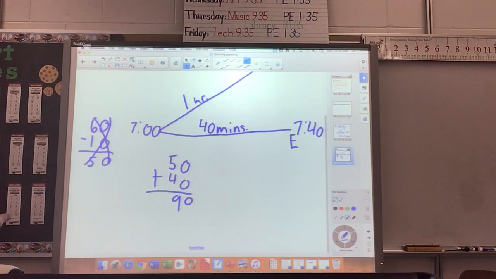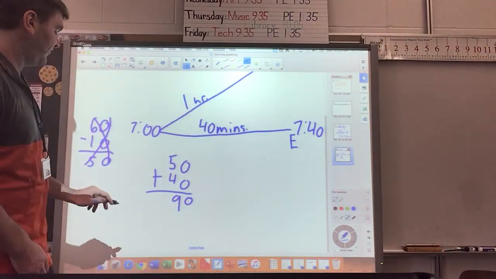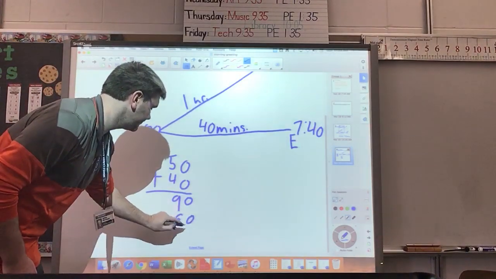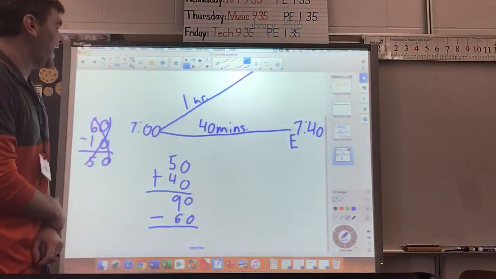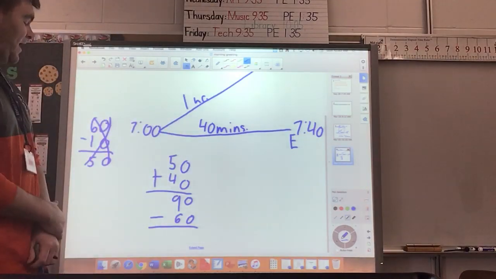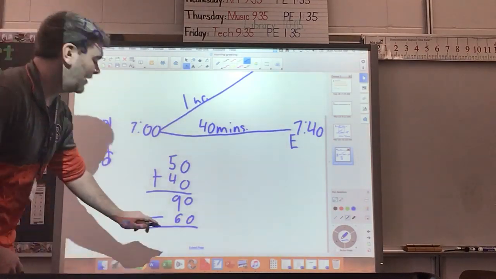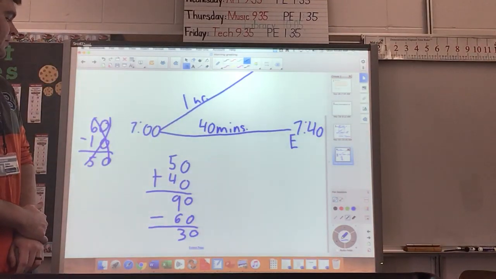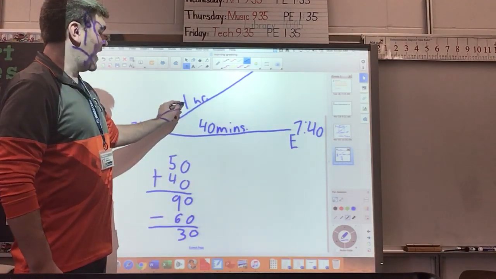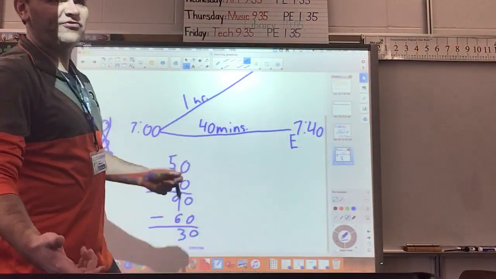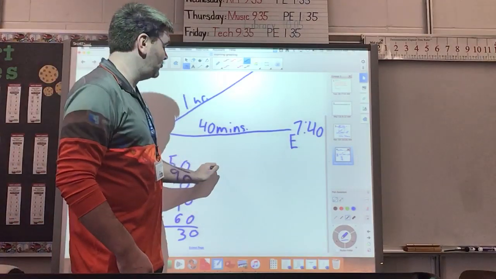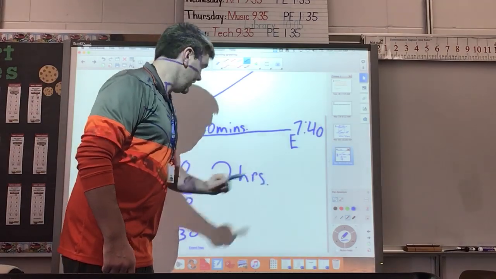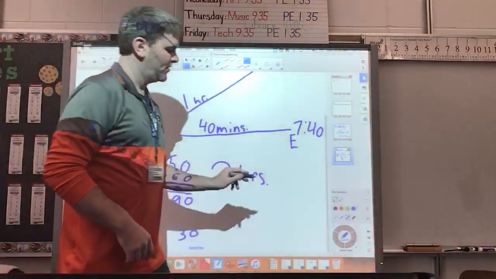So what I have to do is take my 90 and subtract 60, so that I can subtract an hour and add it to my hour at the very end. I'm going to get a 0. 9 minus 6 is 3 for 30. So I've got to remember, I had 1 hour, but I just subtracted another hour, so it actually took me 2 hours. And what was left over? 30 minutes.